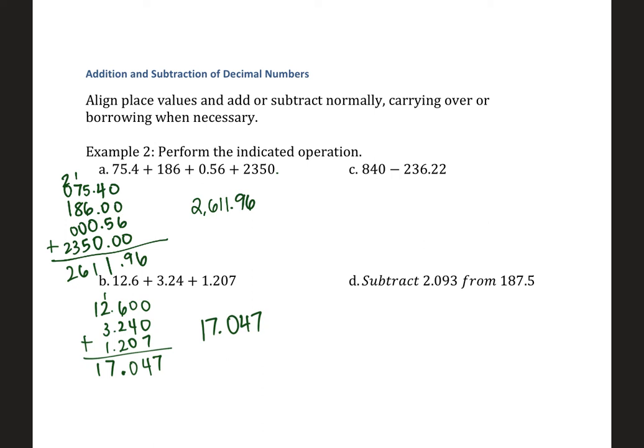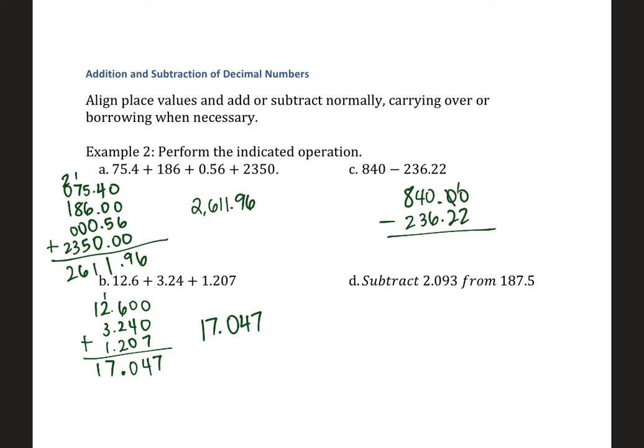For letter C, we have 840 minus 236.22. For ones like this, when we have subtraction, it is important that we put those extra zeros at the end. So I know that's there, minus 236.22. So when we are subtracting, we do need to put those zeros there so that we know what to subtract from. So 0 minus 2, I'm going to have to borrow.